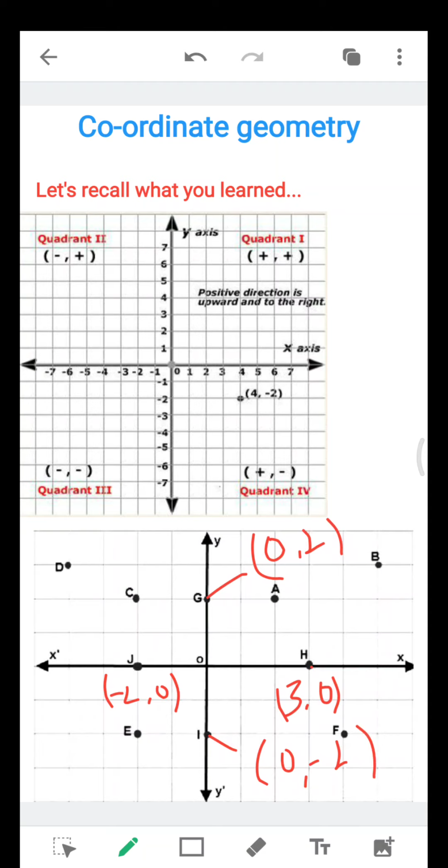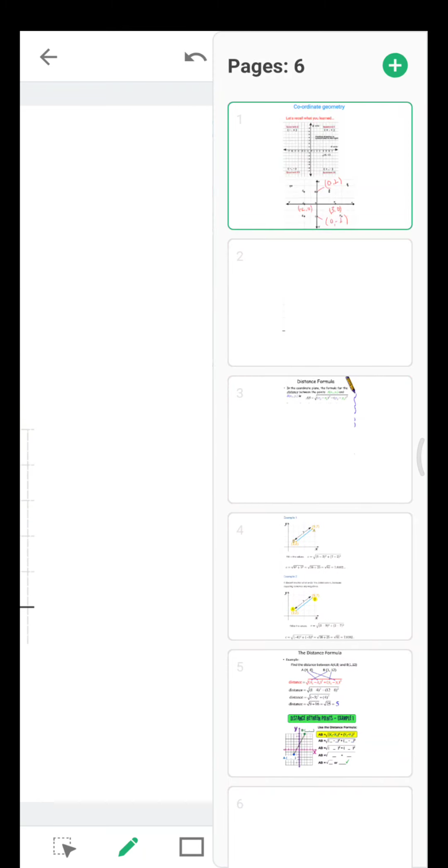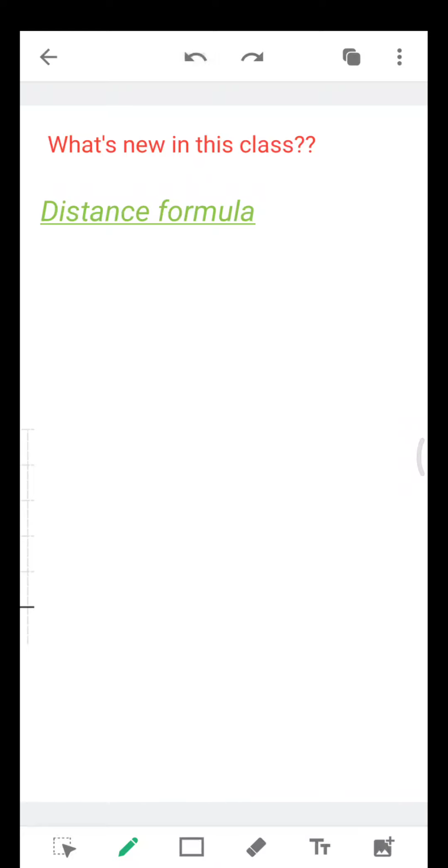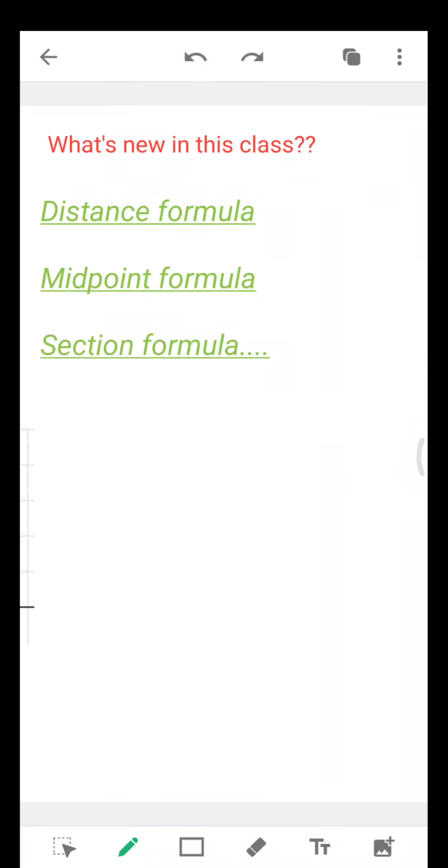by using different rules. So now in this chapter in 10th class, what's new in this class? You are going to learn about distance formula, midpoint formula, and section formula.